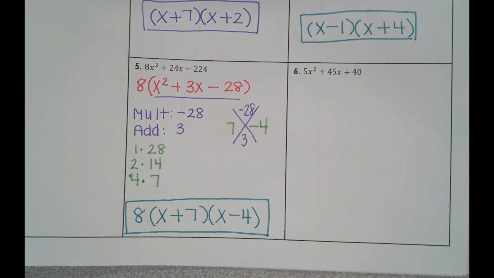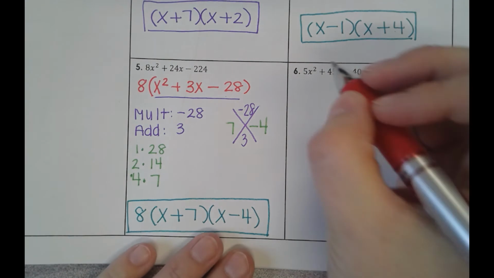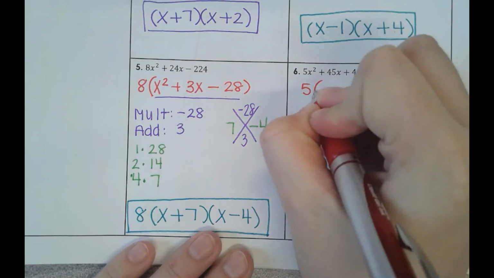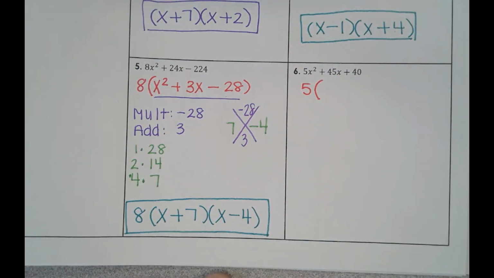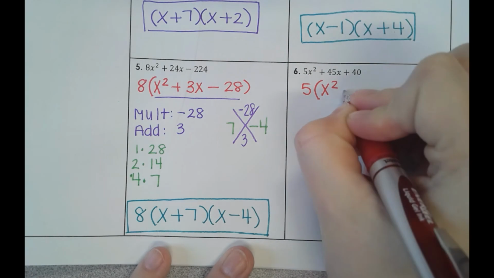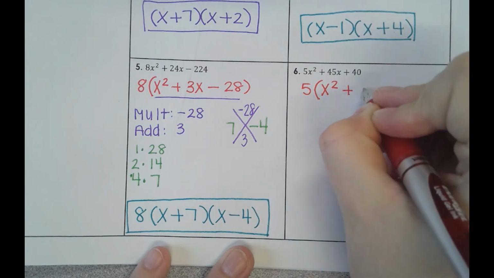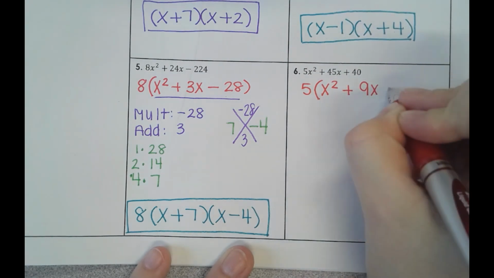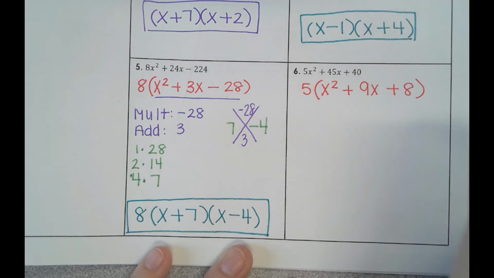And then we get to number 6, which does have a GCF of 5. So if we take out the 5, we get x squared plus 9x plus 8.